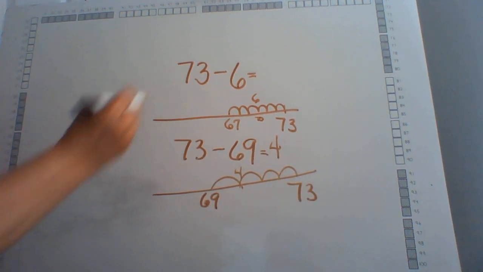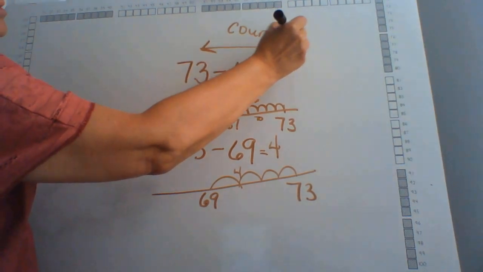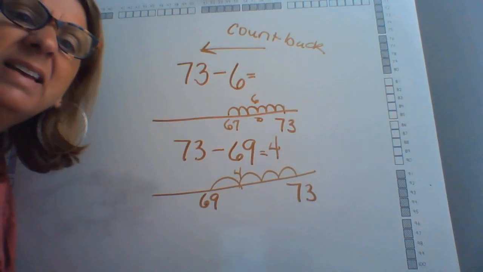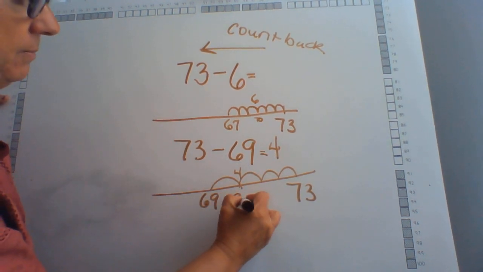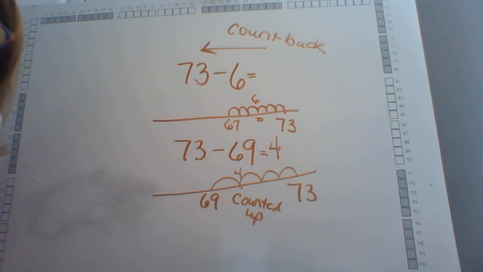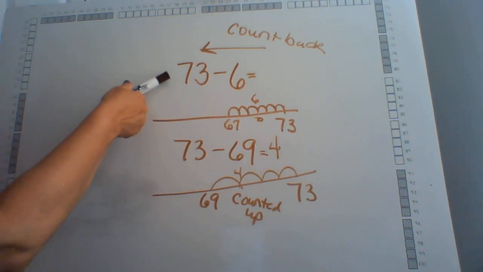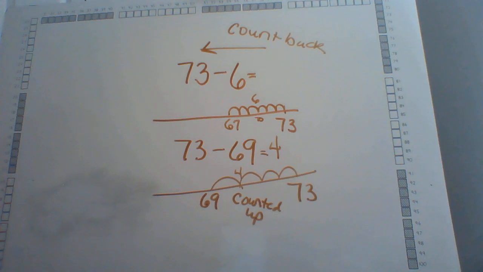So in the first situation, I counted back, and I'm going to write the words count back. I counted back on the open number line. In this situation, I counted up. And I want you to turn and tell someone at home, why do you think I counted back with these numbers, but I counted up with those numbers?